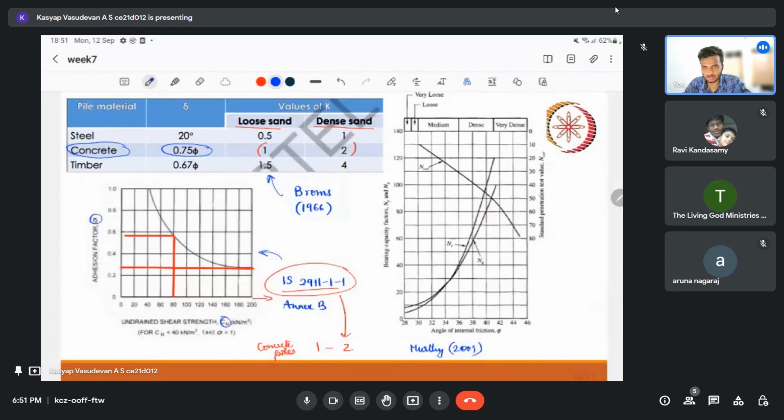0.75 because we can take it as given by Brahms. Even in IS code, they have given the freedom for the geotechnical engineer to judge which is a better way to do it, because this friction thing is quite debatable. It's a very gray area, so according to the confidence of the geotechnical engineer we have to choose it.